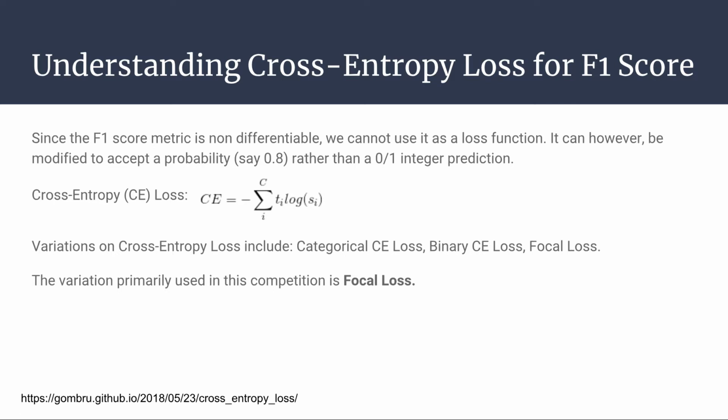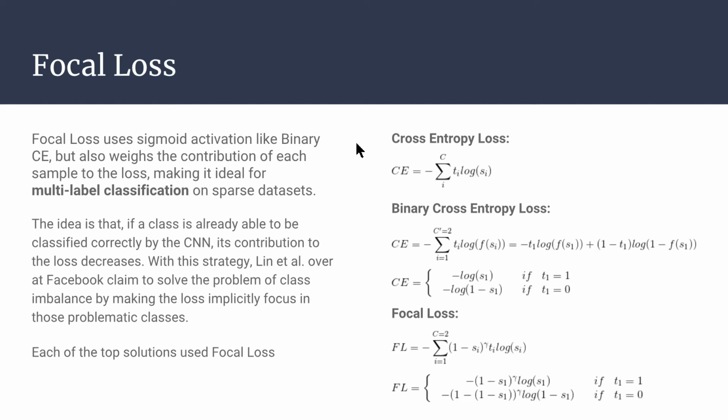And the difference between binary cross-entropy loss and focal loss is that focal loss has this tuning parameter. Focal loss was originally introduced by Lin et al. at Facebook, and they claimed that this tuning parameter solves a problem of class imbalance because it forces the loss to focus implicitly on your problematic examples.